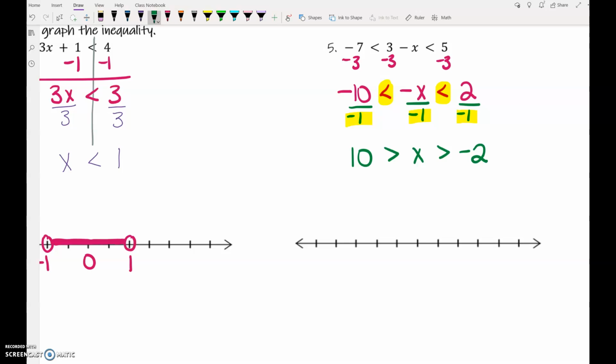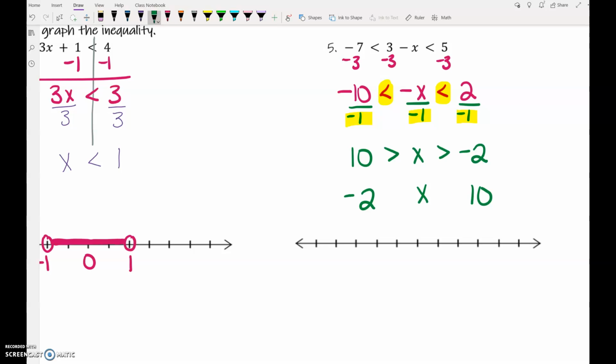Does anybody see a problem with how that answer looks? Right. We really want the smaller number to be on the left. This will feel like you're switching the symbols back, but you actually are not. What is happening between the -2 and the x?